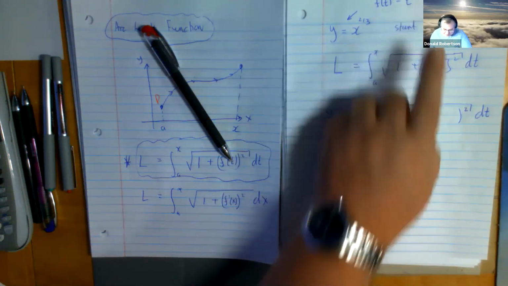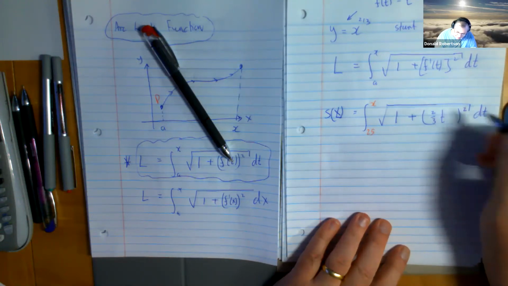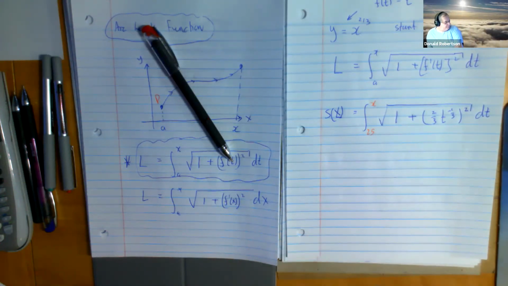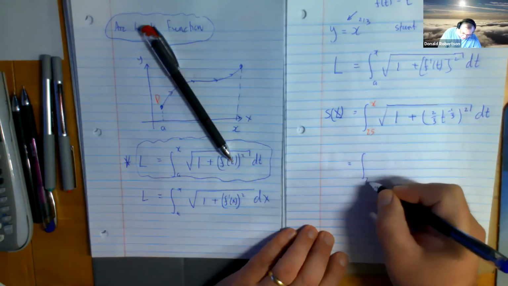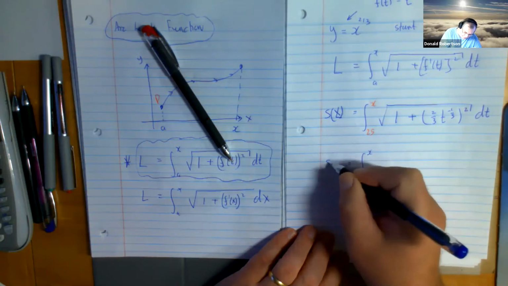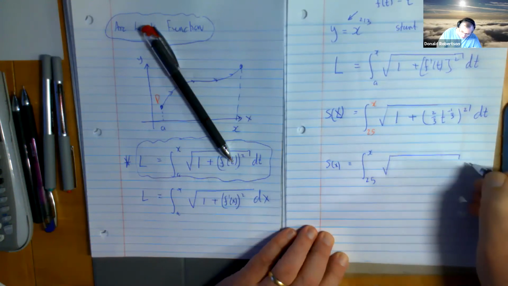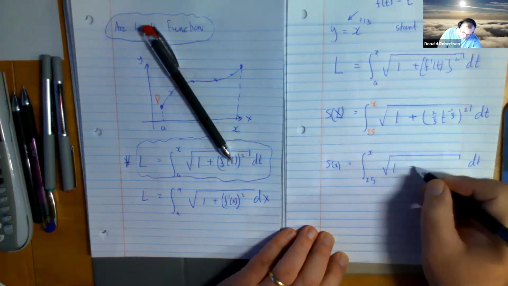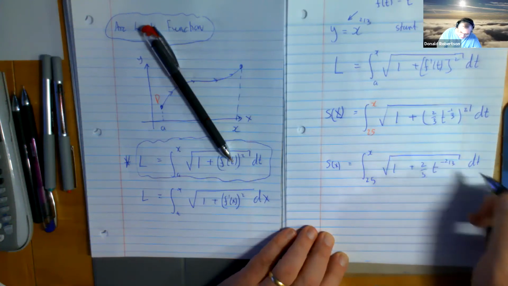If you differentiate this, don't you multiply by the power and you reduce the power by 1, which gives you that. And this then becomes the integral from 25 to x of the square root of 1 plus 2/3 t to the negative 2/3.